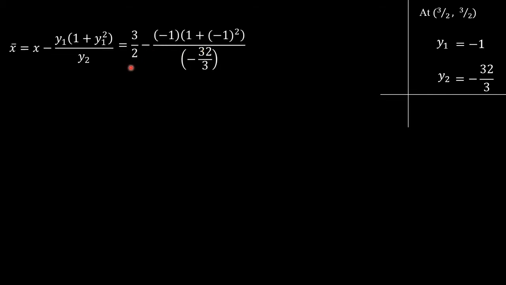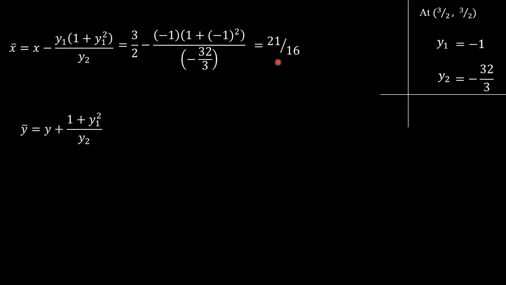The value of x is 3/2, minus the value of y1 at the point, which is −1, into 1 plus (−1)², divided by the value of y2 at the given point, that is −32/3. Just simplify it so that you get the value of x̄ to be 21/16.